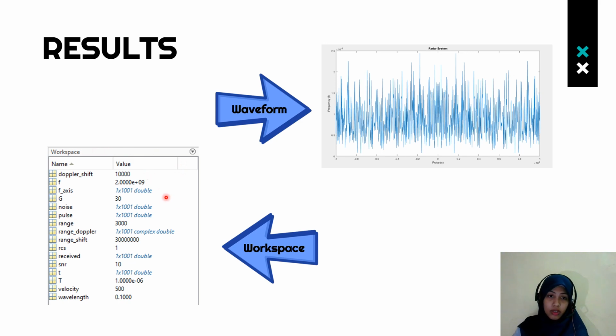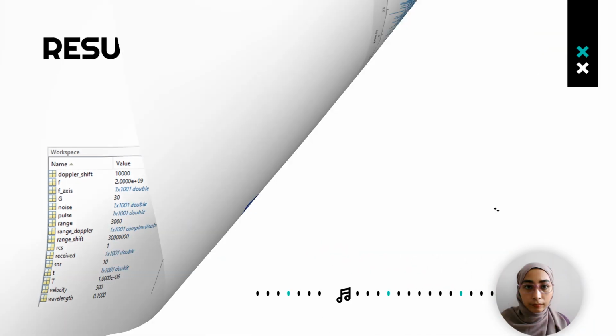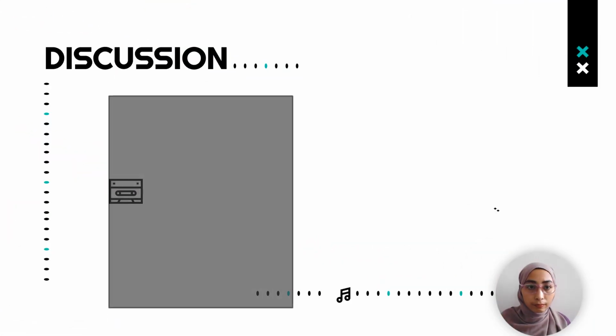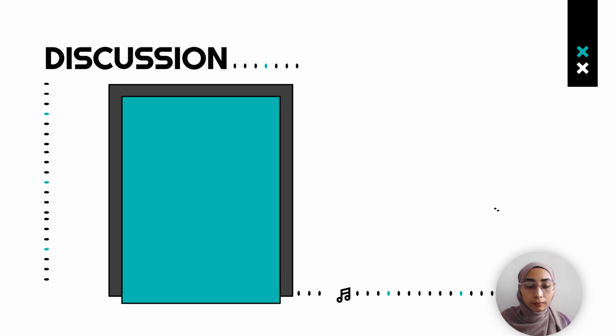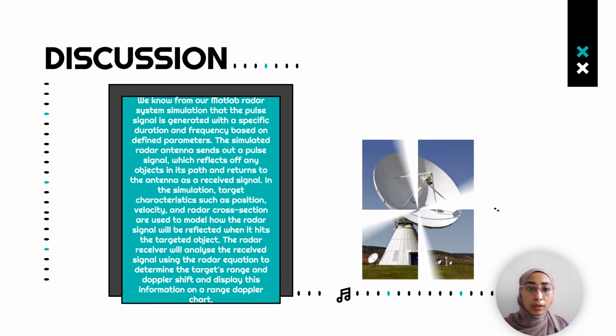We can see the values of the things that we have keyed in the code. Okay, this is our discussion.